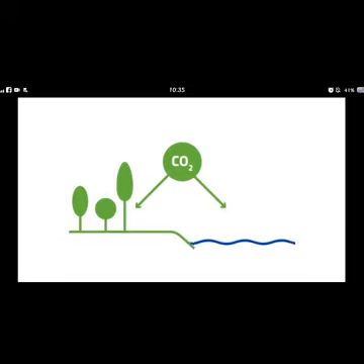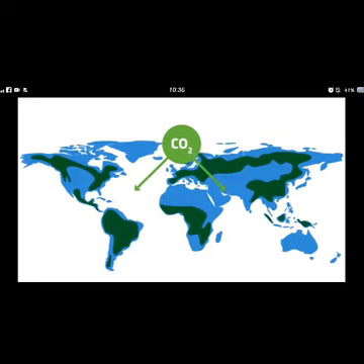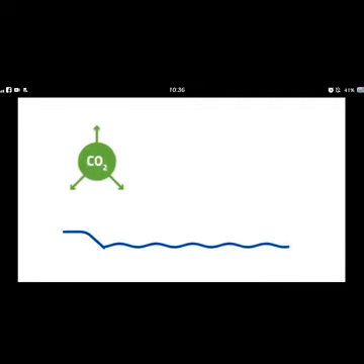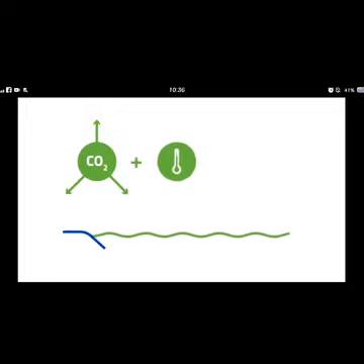Trees and oceans absorb carbon dioxide, but can't handle the large amounts that are now building up in the Earth's atmosphere. And because our forests are shrinking, even less carbon dioxide is absorbed. The high levels of carbon dioxide are already acidifying oceans, killing off coral reefs. It's also triggering a dangerous rise in sea levels and an increase in extreme weather events.